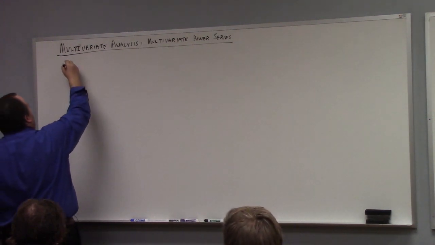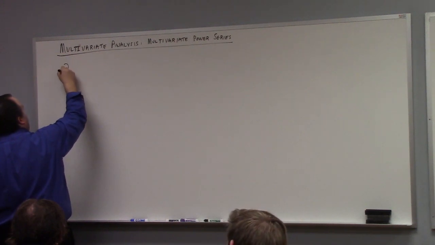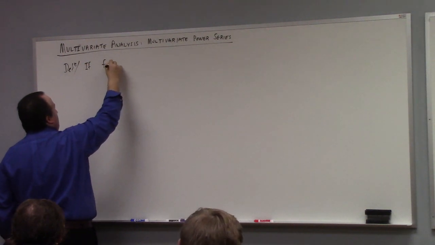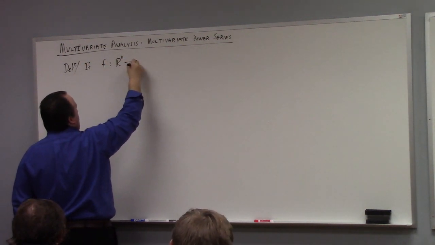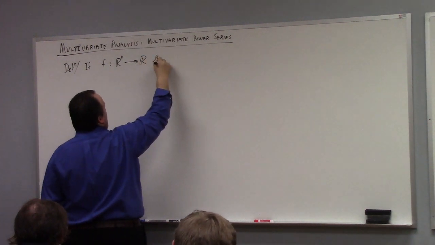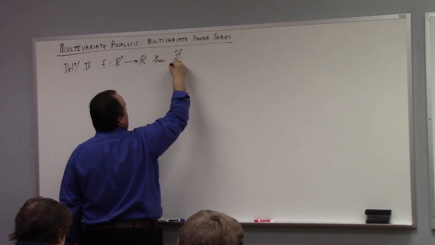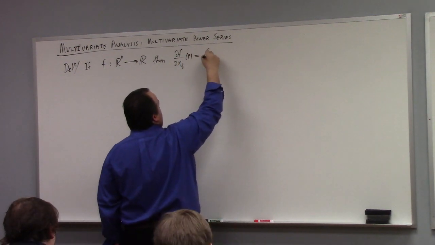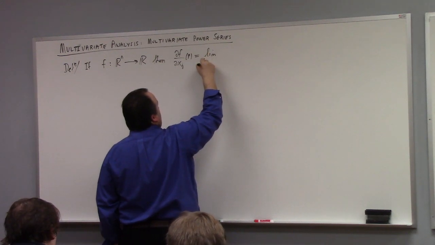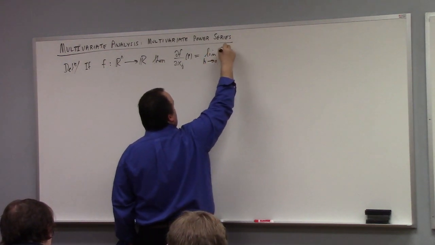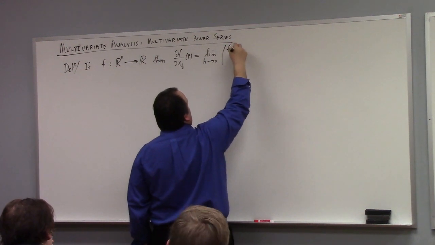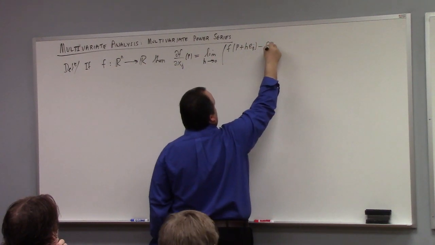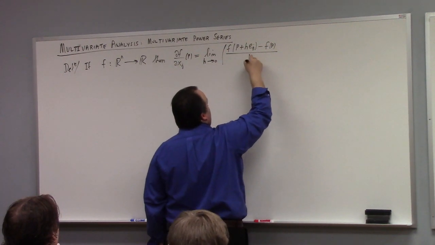So, I guess first of all I need to give you a definition. If F is a mapping from, say, R^n to R, all right, then partial F partial x sub j at the point P is equal to the limit as h goes to 0 of F of P plus h e_j minus F of P, all divided by h.